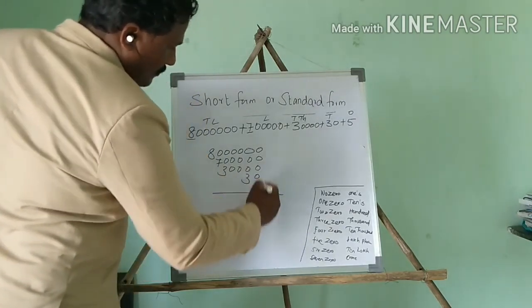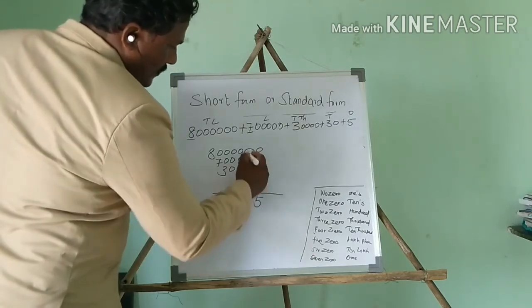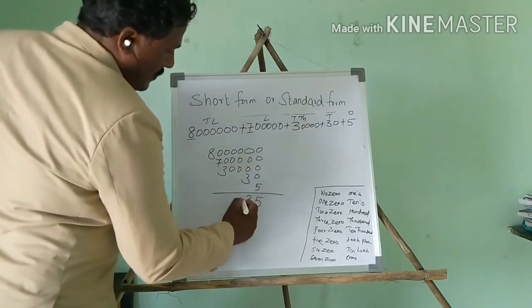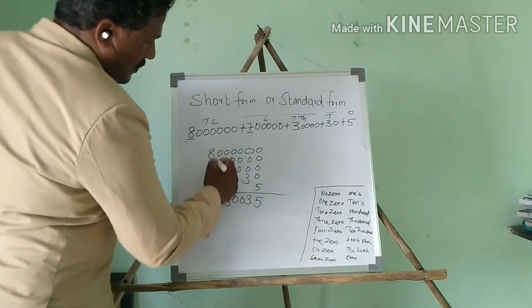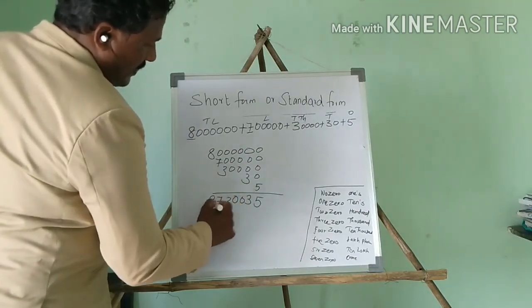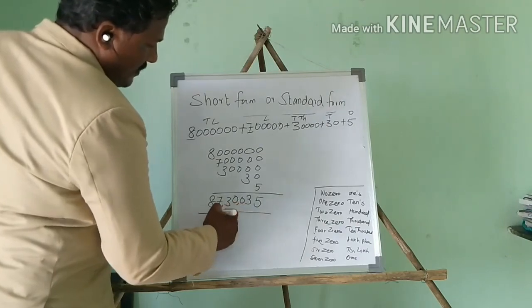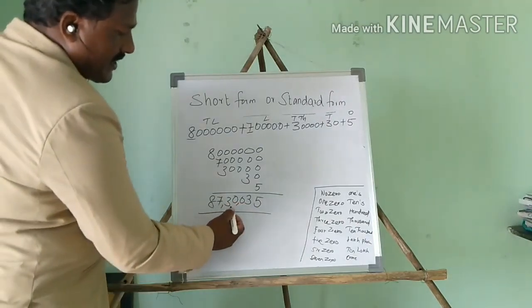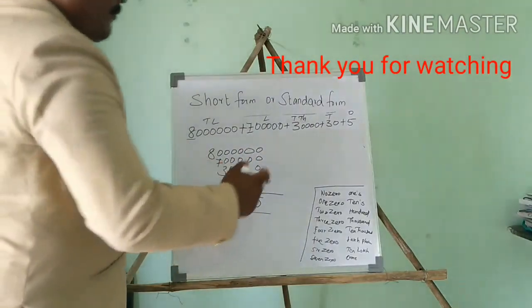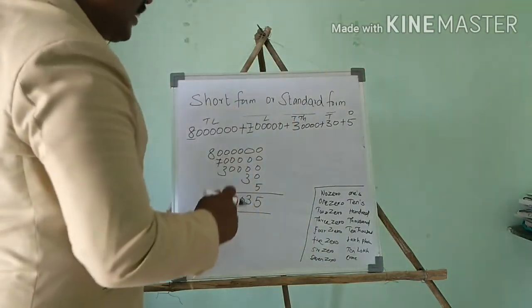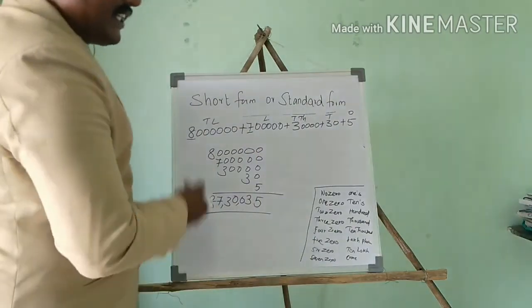So just add. 5, 3, 0, 0, 3, 7, 8. Same answer: 87 lakh 30,035. So both are the same. If you feel difficult with that method, you can use this method also. It is very easy. Okay.